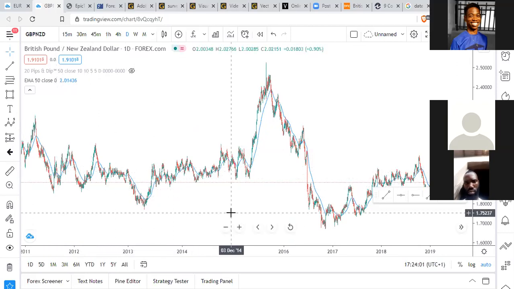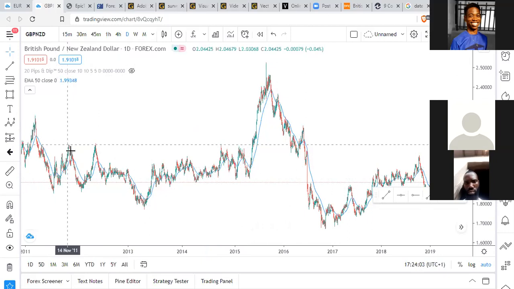Like you can see here, price reacted one, two, three, four, five, and so on. So price reacted at those levels.